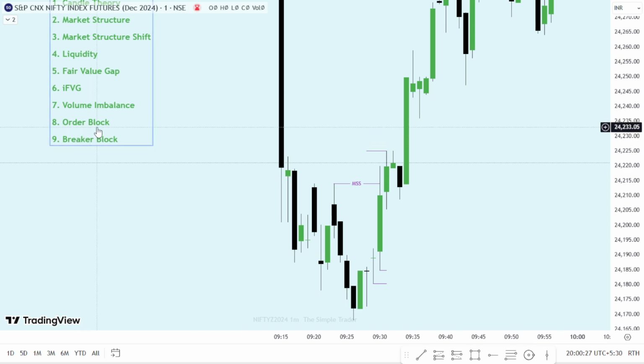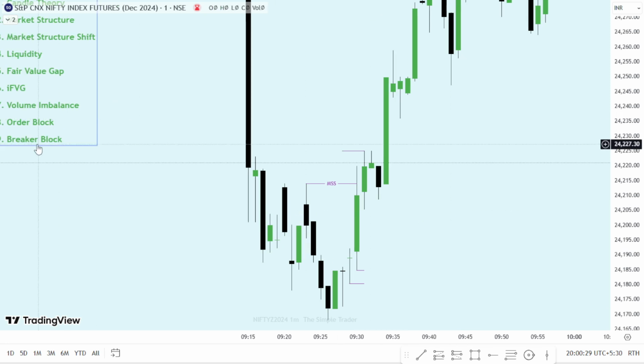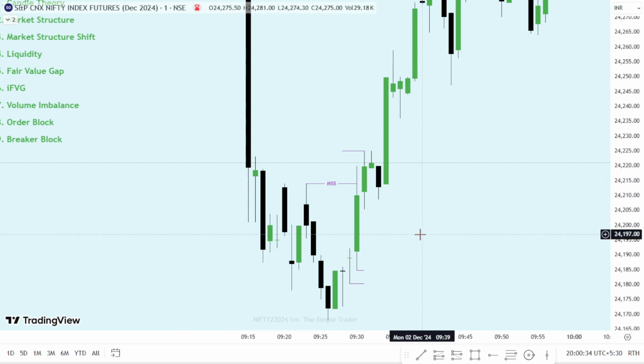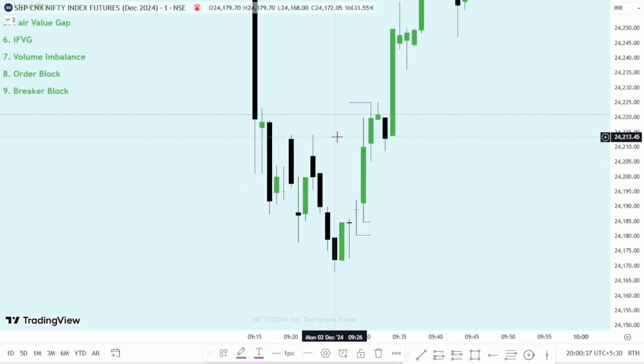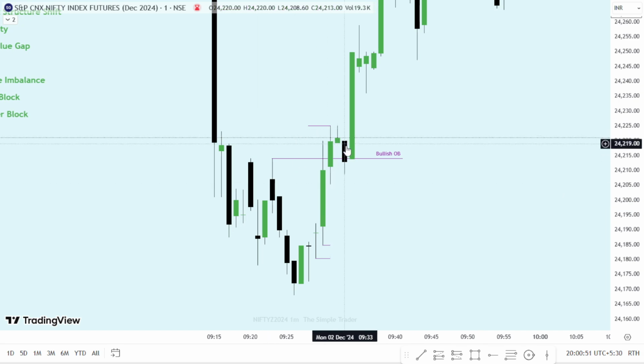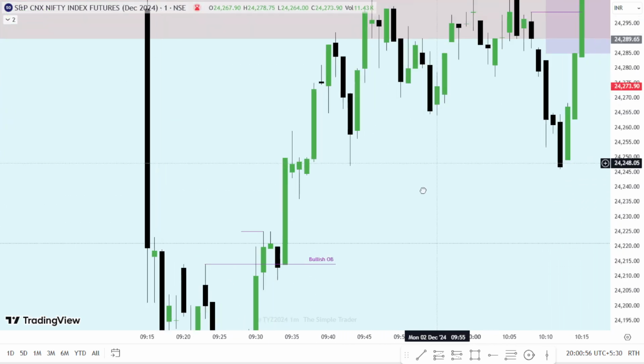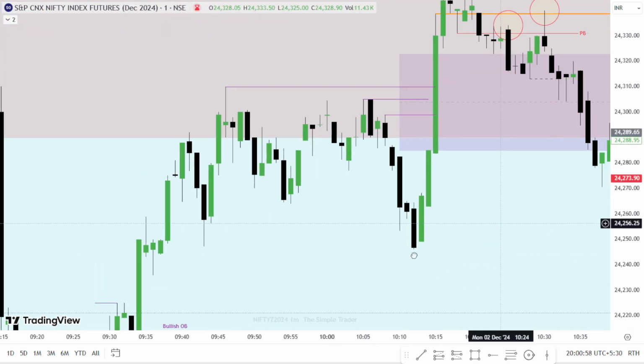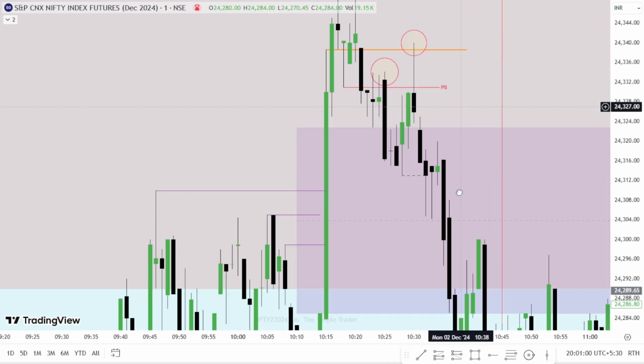Coming to order blocks and breaker blocks. A breaker block is a form of inverse order block. There are bullish order blocks as well as bearish order blocks. For example, say this down-close candle before a move up is a bullish order block. As price comes down here after breaking, it goes up, right? Now I'll show you a bearish order block.